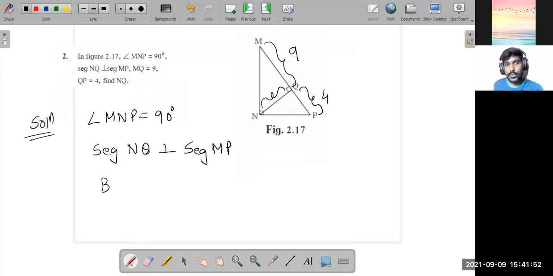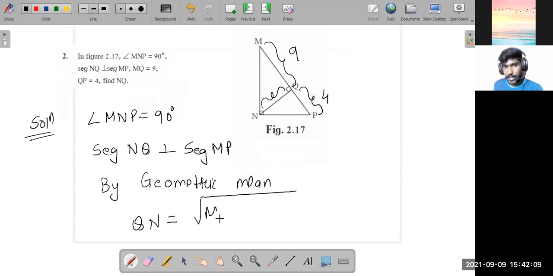So we will use geometric mean. So you have to write, by geometric mean theorem, we get QN will be under root of MQ, not plus, multiplication, into QP.